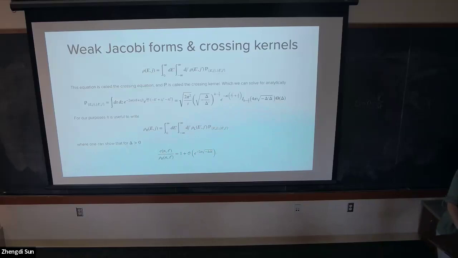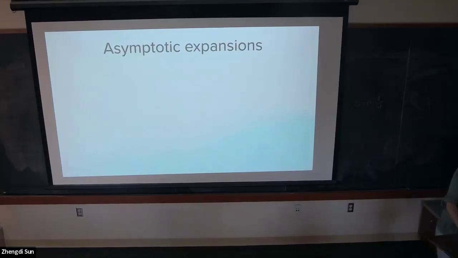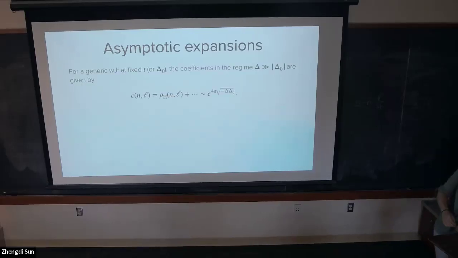Very good. So now let's try to understand what those heavy coefficients look like once we use this crossing kernel business. For a generic weak Jacobi form at fixed index, fixed t or fixed delta 0, the coefficients in the regime where delta is parametrically large are given as follows.